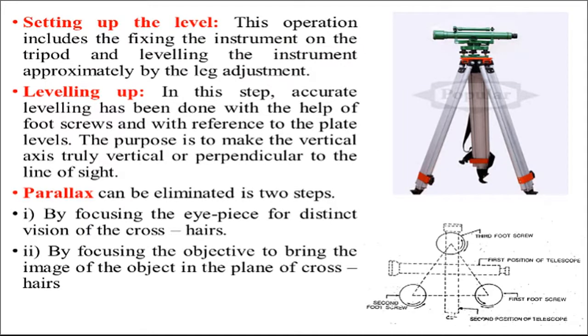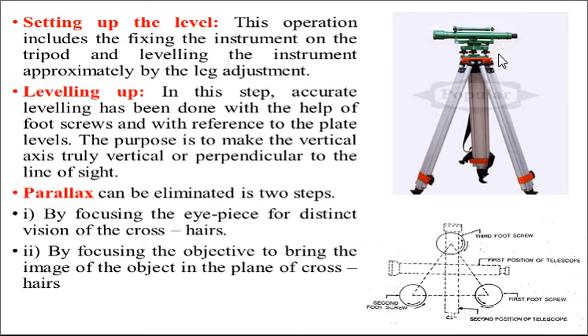First, setting up the level. As we know, the dumpy level consists of a tripod stand and the leveling instrument. So this is the tripod stand and this is the leveling instrument. Setting up the level means fixing the instrument on the tripod and leveling the instrument approximately by the tripod legs.